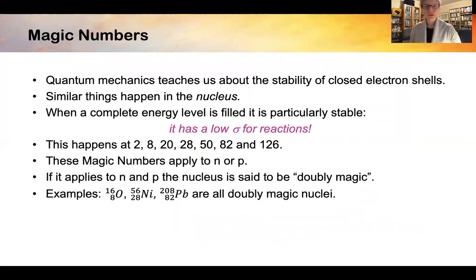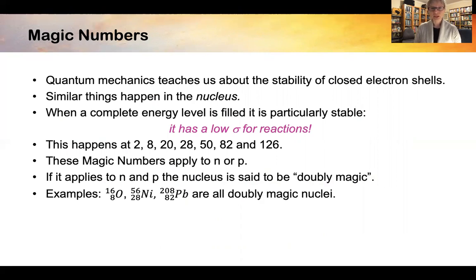Okay, so in order to understand why we have peaks in the solar system abundance distribution, we have to consider the concept of magic numbers. Quantum mechanics teaches us about the stability of closed electron shells. We have similar things happen in the nucleus.